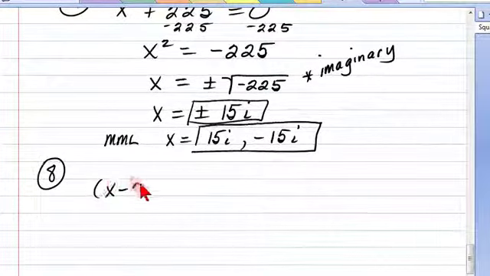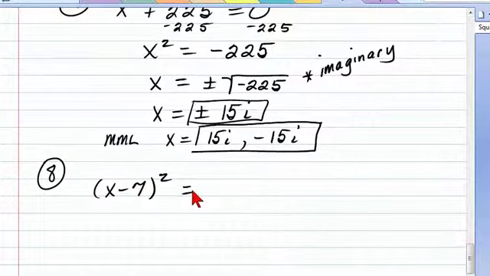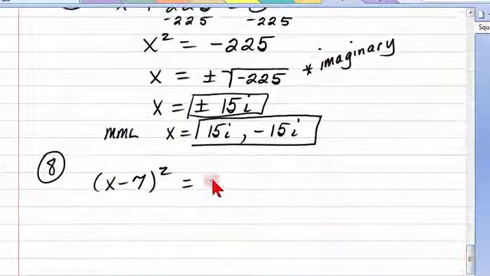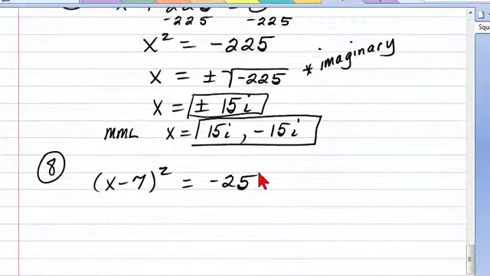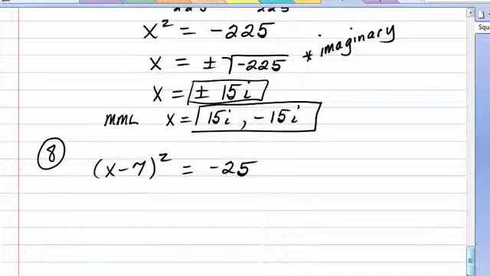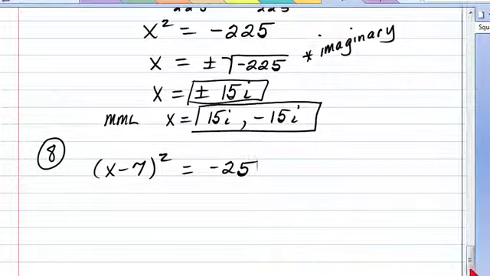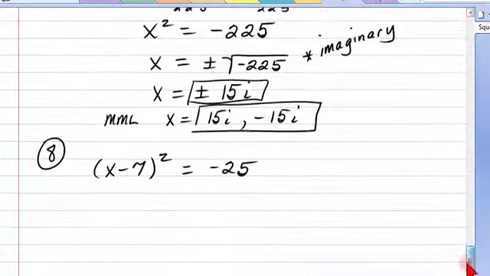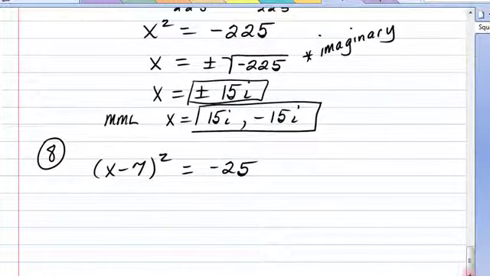It is x minus 7 quantity squared is equal to negative 25. All right.